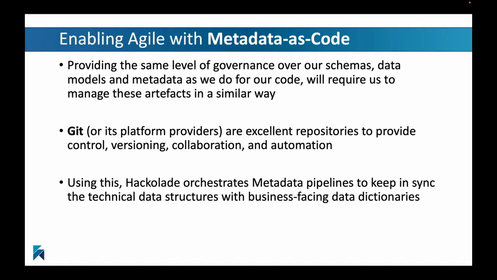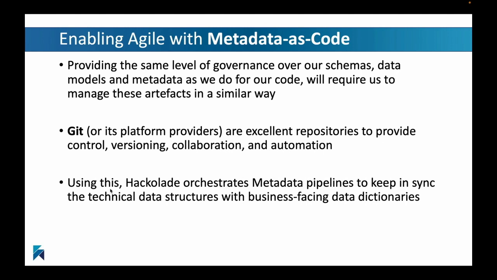Obviously, this is important because it enables how we can work with data models in an agile environment. We want to provide the same level of governance over our schemas, data models, and metadata as we do for our code. And we want to manage these artifacts in a similar way. Git is the best repository that you can imagine to provide the control, the versioning, the collaboration, and the automation for this type of environment.